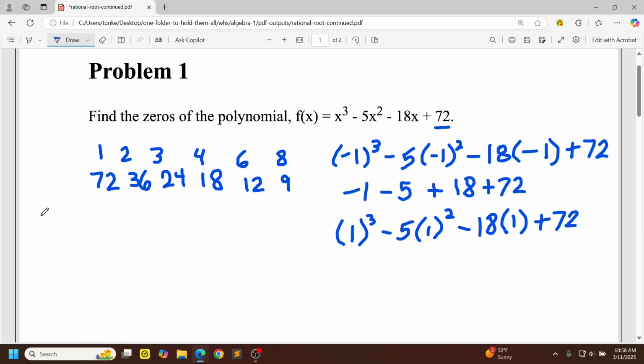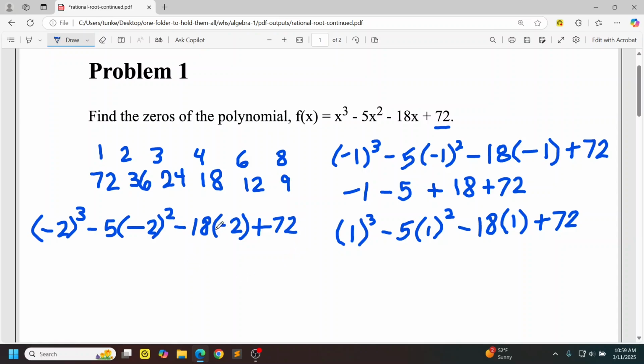I'm going to move to negative 2. So if I did negative 2 cubed minus 5 times negative 2 squared minus 18 times negative 2 plus 72.